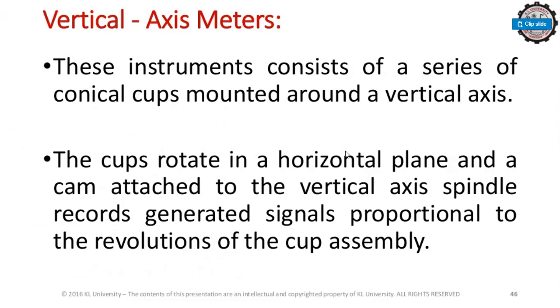These instruments consist of a series of conical cups mounted around a vertical axis. The cups rotate in a horizontal plane and a cam attached to the vertical axis spindle records signals proportional to the revolutions of the cup assembly.